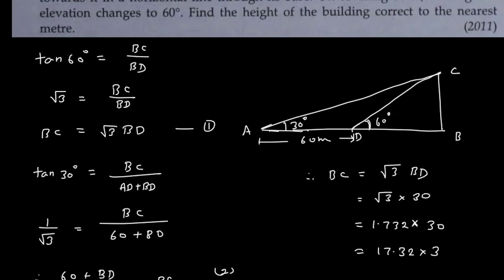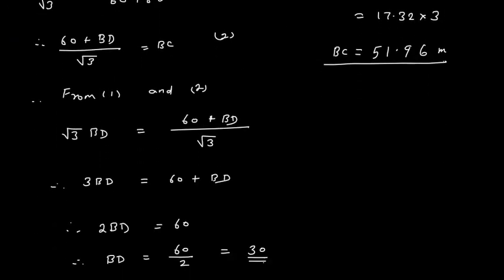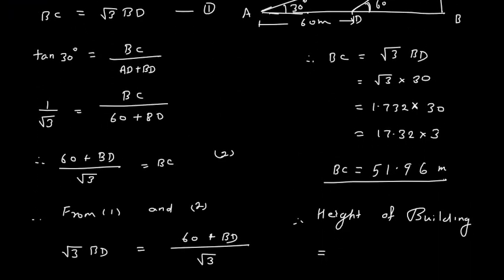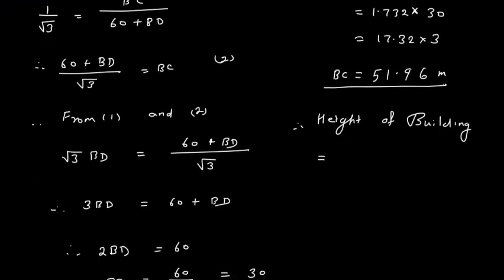So I get the value of BC, that is, the height of the building. Therefore, height of building is equal to 51.96 meter.